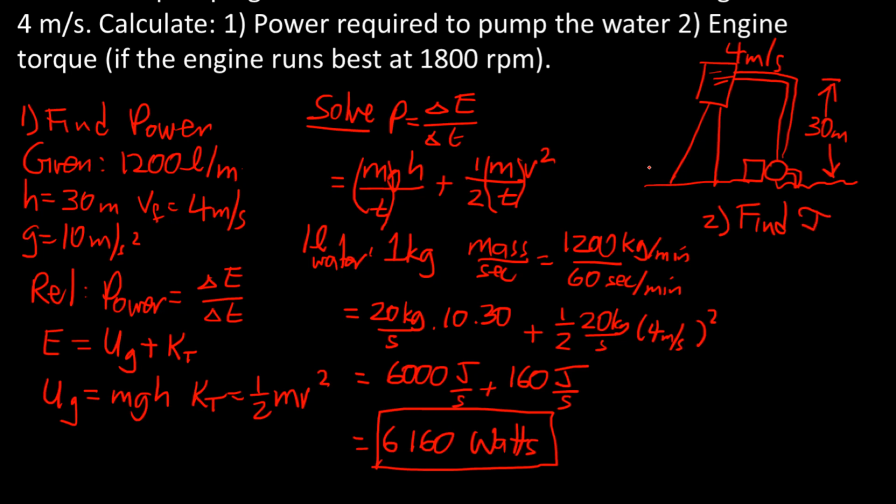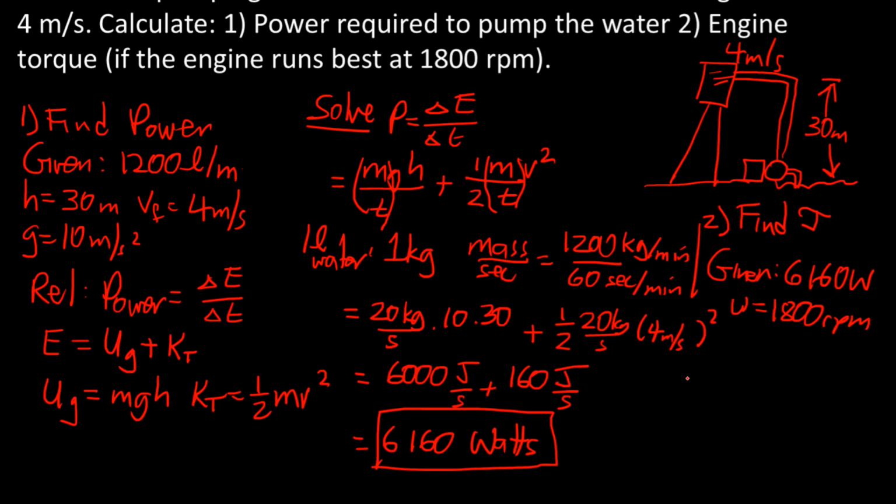You've often probably heard engines give 2 specifications, a horsepower or power rating and a torque rating. Well, we've already found what we are given. I'll separate this. We are given that the power is 6,160 watts. And also we have our angular velocity, right? 1,800 RPM.